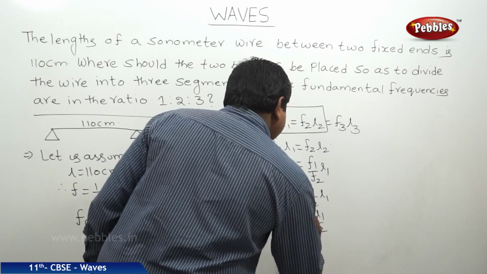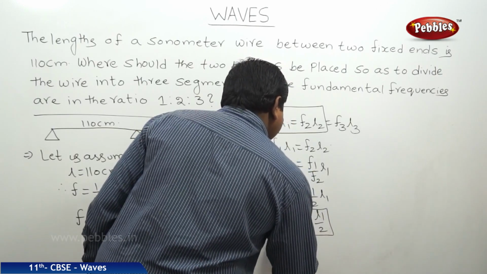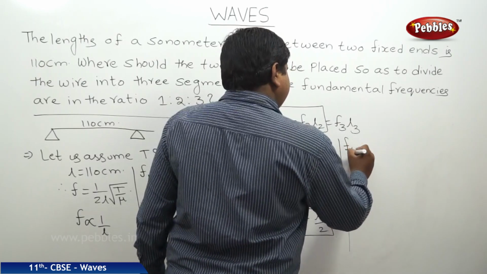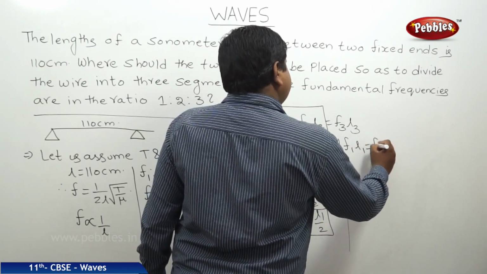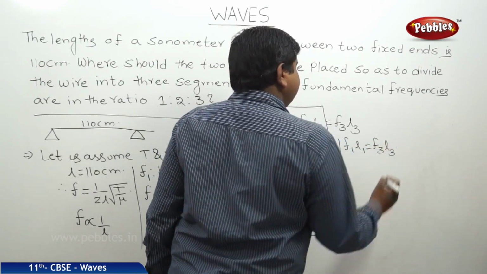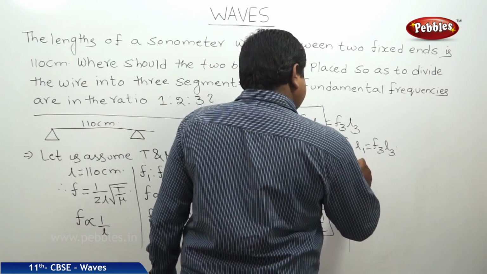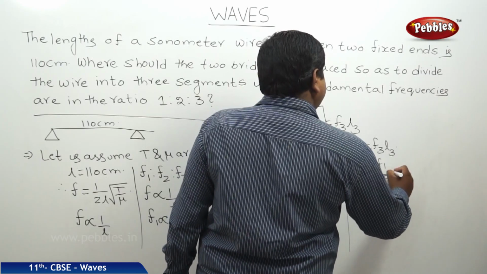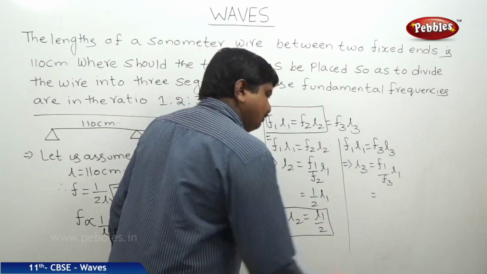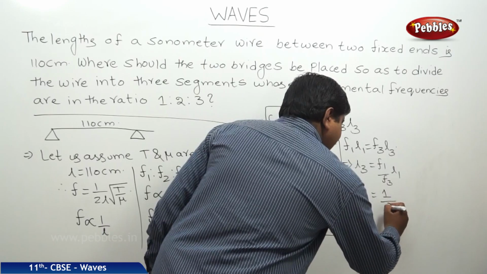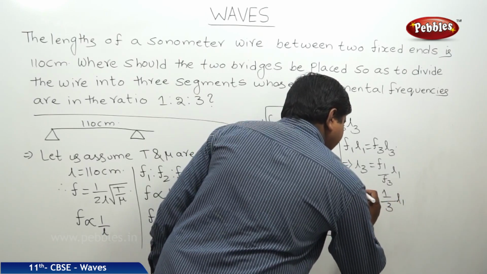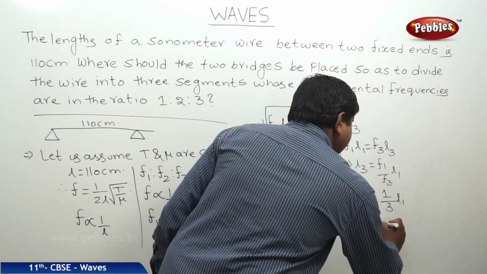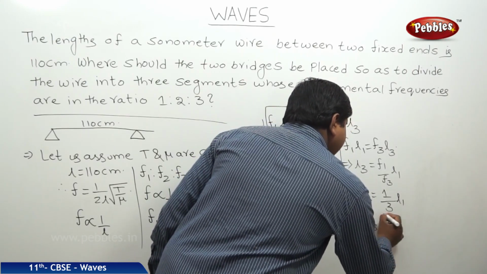And again, comparing f1L1 is equal to f3L3, L3 is equal to f1 by f3 into L1. f1 is equal to 1, f3 is equal to 3. Therefore, L3 is equal to L1/3.